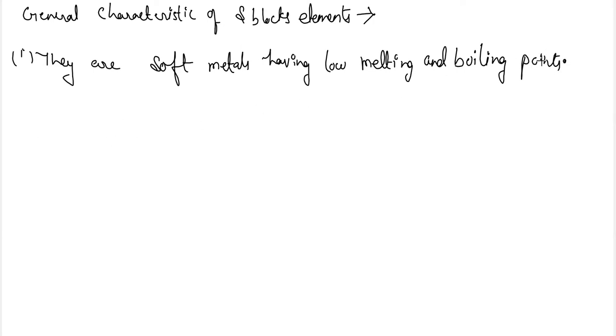Generally, all the metals present in the first group are very soft, and due to their softness, they have very low melting and boiling points.